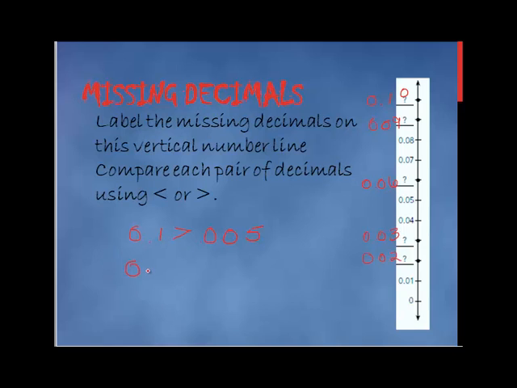The next one. 0.02, is it greater than or less than 0.7? 0.07. Well, 7 is above 2, so 0.02 is less than 0.07.